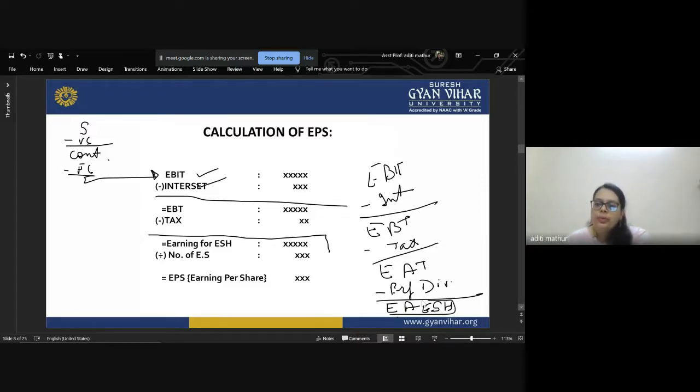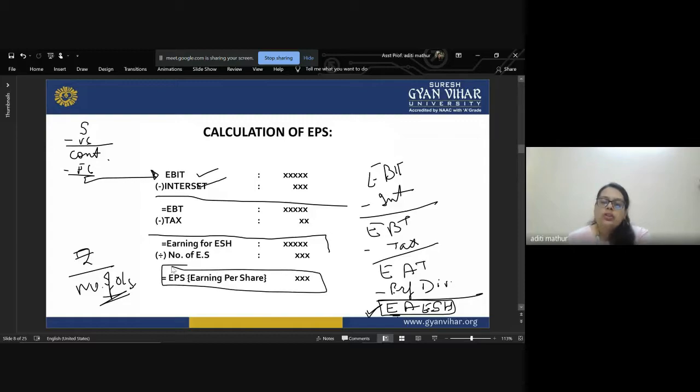When you reach this point, that is earnings available to equity shareholders, you divide this amount by the number of outstanding equity shares, and you come to your EPS. So the formula for the EPS is earnings available for equity shareholders divided by the number of outstanding equity shares.